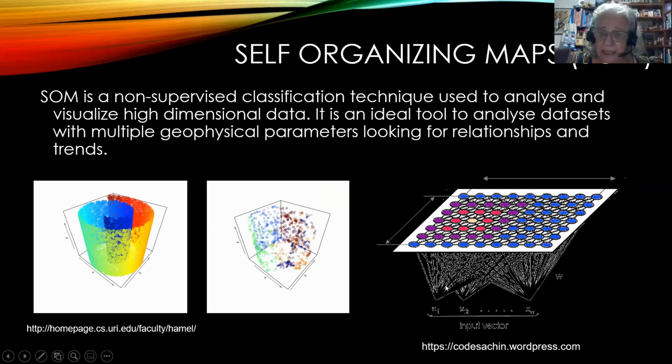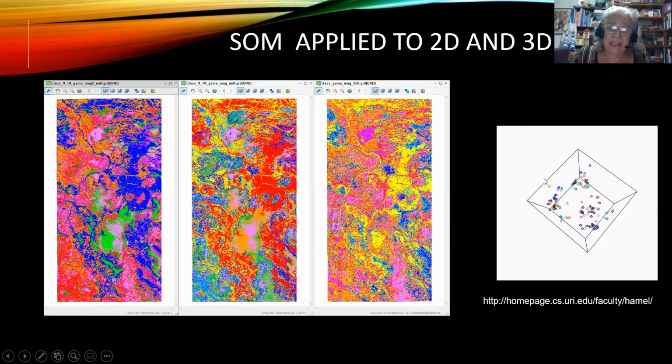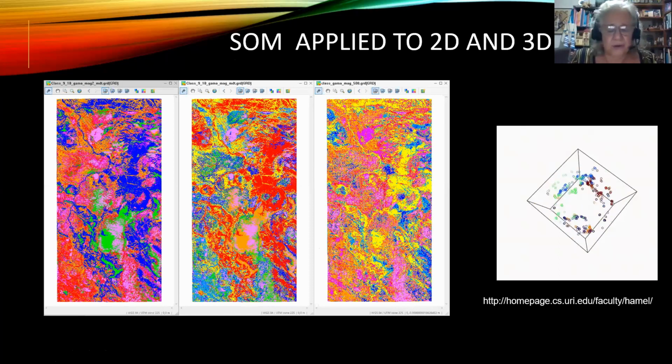It just uses your data and tries to find the clusters and the classes. So it's an excellent technique. My co-authors, my colleagues and I have used this in several data sets.